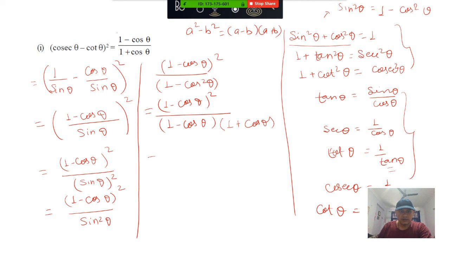From here, 1 minus cos theta cancels. This comes as 1 minus cos theta upon 1 plus cos theta, and that's what we have to prove from the right hand side. These are all questions where we have to prove LHS equals RHS.